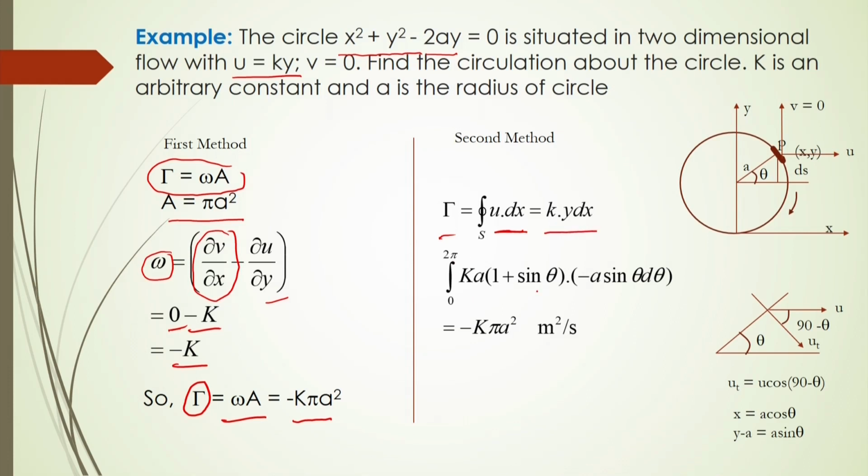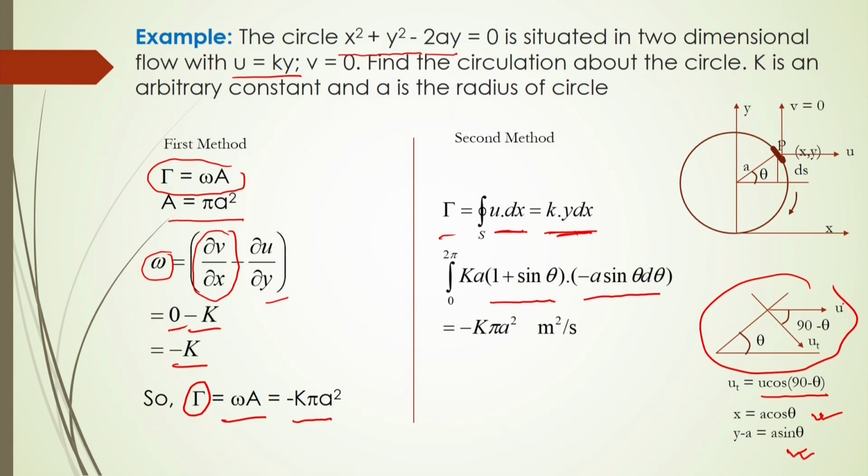From the geometry, x will be equal to a cos theta and y minus a will be equal to a sin theta.